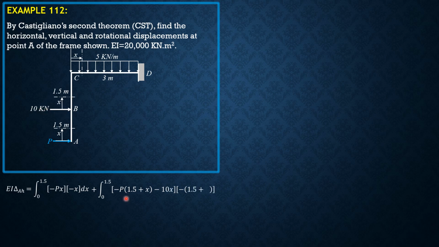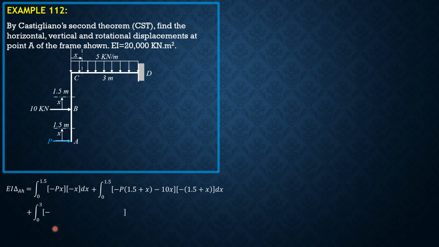Then the partial derivative is negative 1, quantity 1.5 plus x, derivative of this moment equation. Then in this section here, the moment is negative P times 3, negative 10 times 1.5, and negative 5 times x over 2, so negative 2.5 x squared. The partial derivative is negative 3.